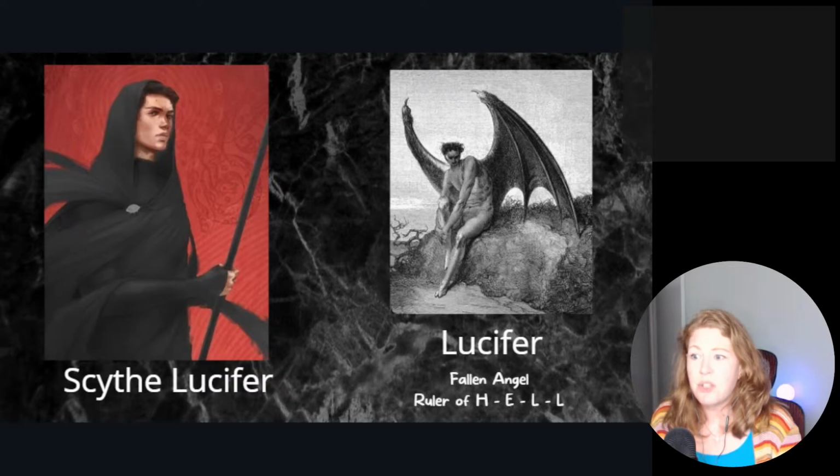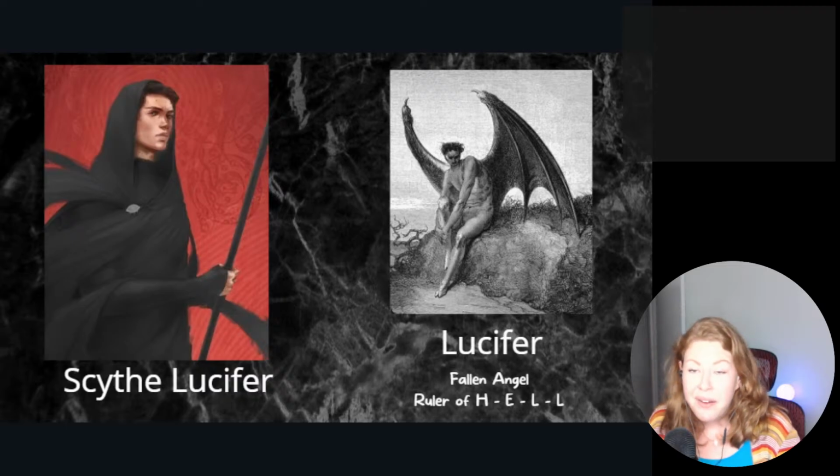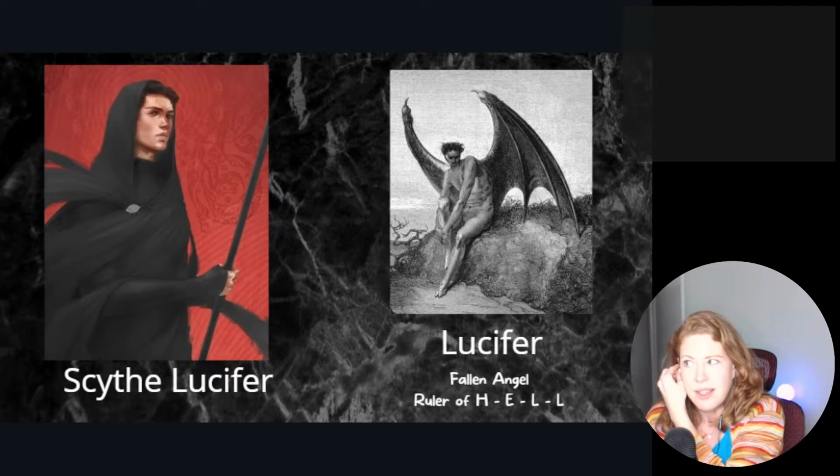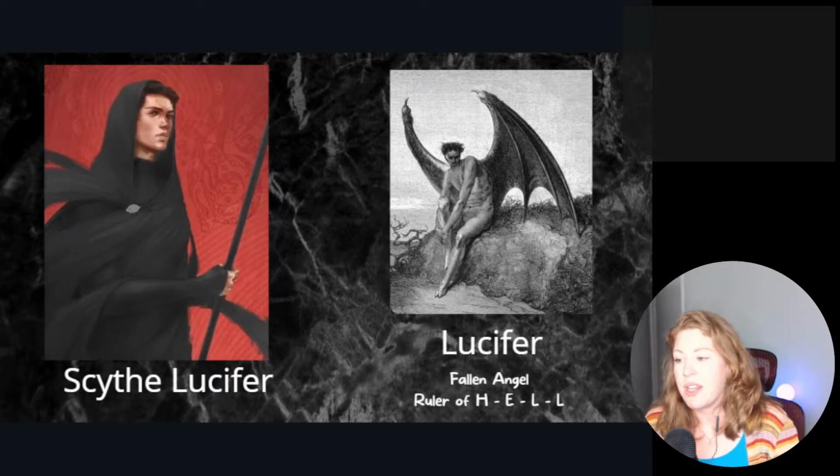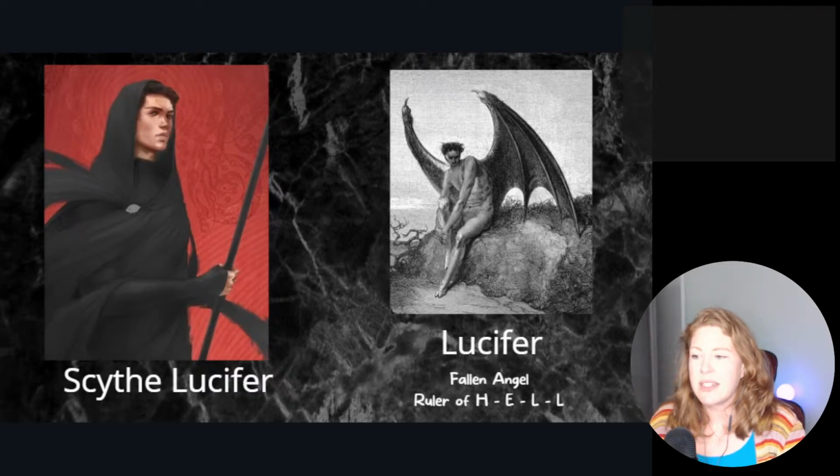It's really interesting that he chose Lucifer. I think it fits, right? Because it does make him a little scarier and probably makes him more of a legend among the scythes, because he has this name that's really associated with evil and death in a very big sense. Okay.